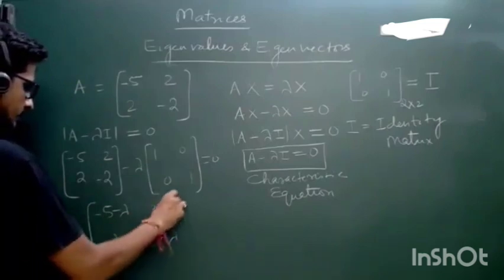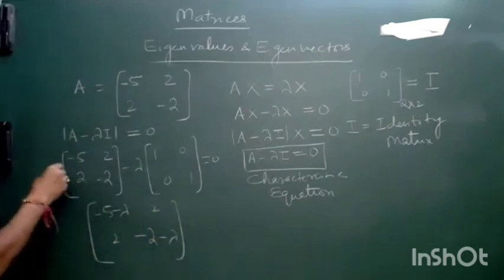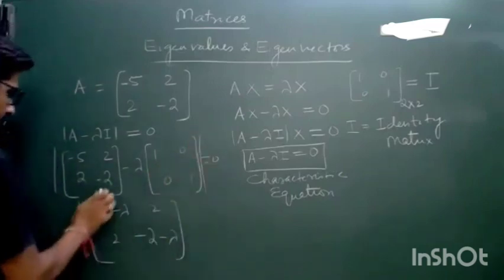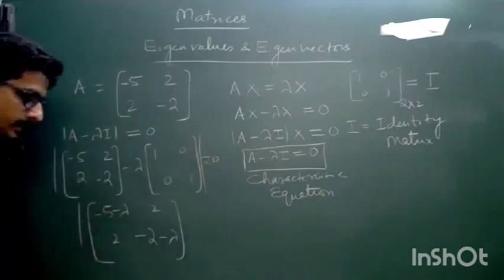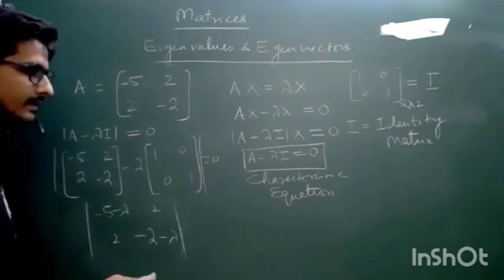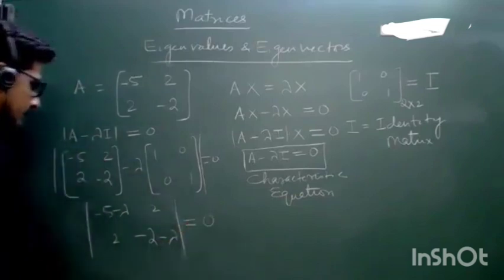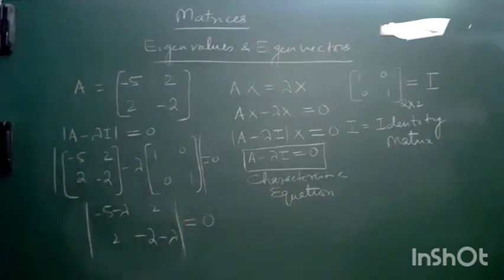2 and 2. This determinant, actually the determinant value of this, so this is equal to 0, okay.